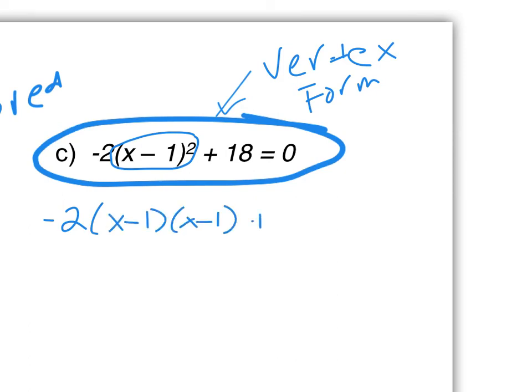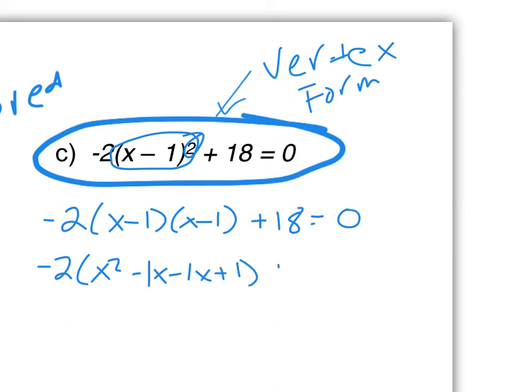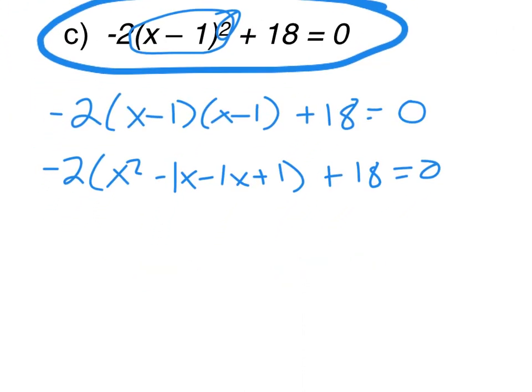So here we go. We can use that method of just writing the bracket down twice because I have that square. Then I can expand it. X times x, x squared, x times negative 1 is negative 1x, negative 1 times x is negative 1x, negative 1 times negative 1 is positive 1. I can then collect any like terms.